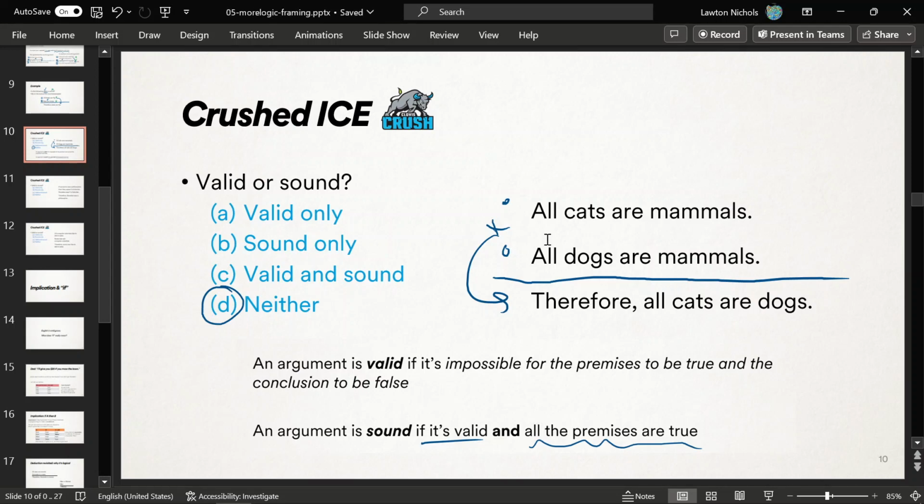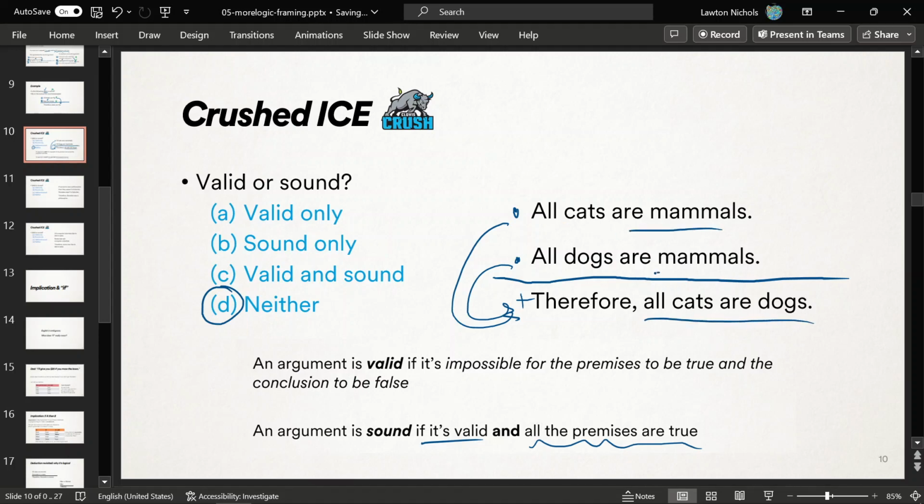So this is a tricky one because are these premises true statements? Yeah, they're totally true by themselves, but you can't combine them, right? They're supposed to be combined together to power this conclusion, and the conclusion does not at all follow from those premises. Does that make sense?